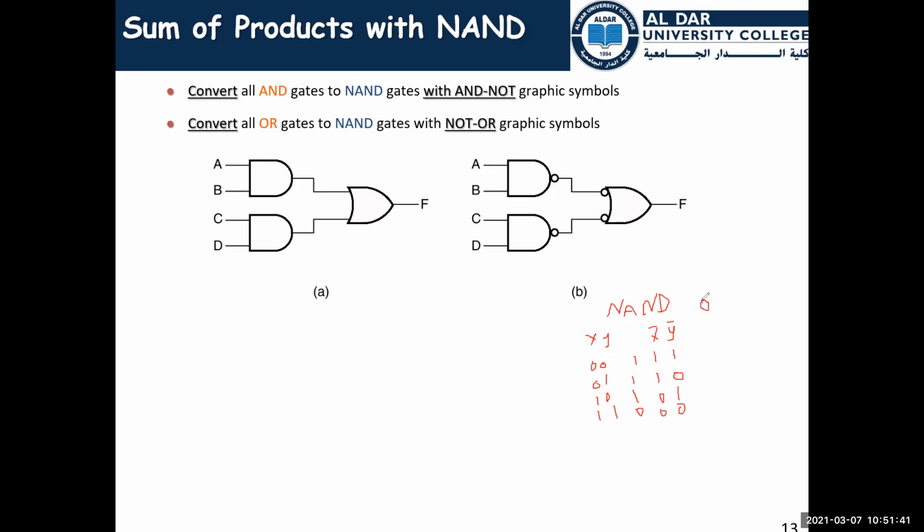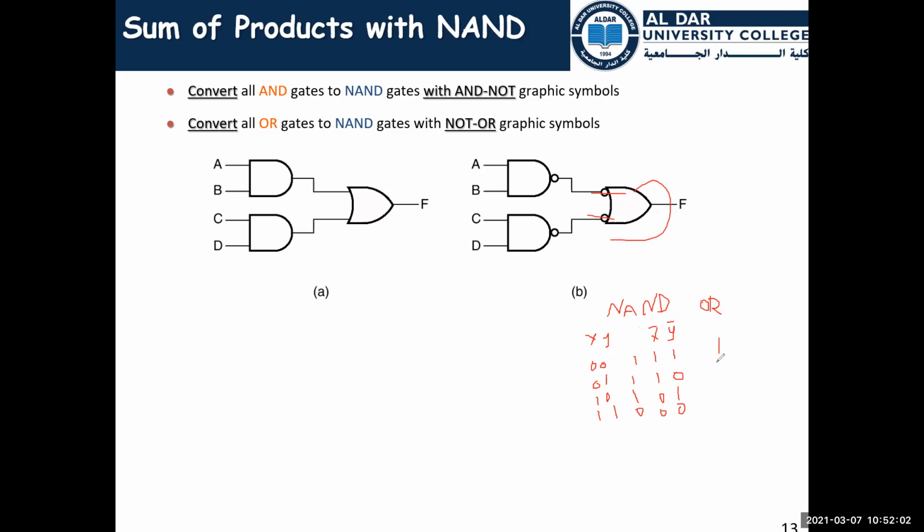Now OR them together. We have the inversion of the first variable ORed with the inversion of the second variable, so we OR the complement of the first variable with the complement of the second variable. So we have the OR function.